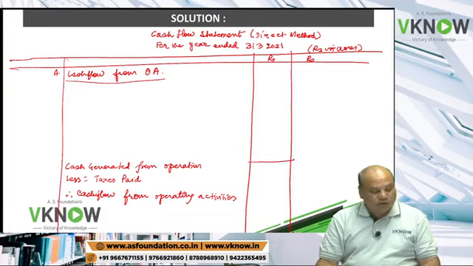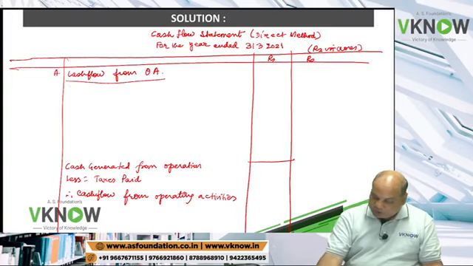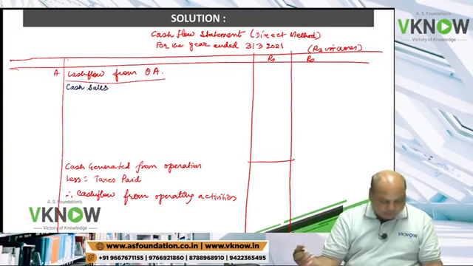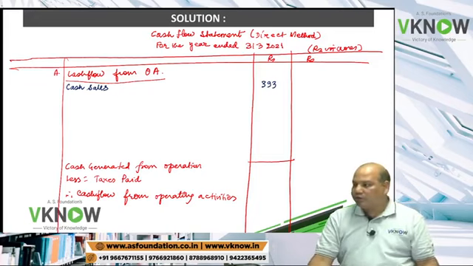Total sales for the year were 597 crore, out of which cash sales amounted to 393 crore. So in operating activity, you write down cash sales, because this is a cash inflow, a positive number, 393.